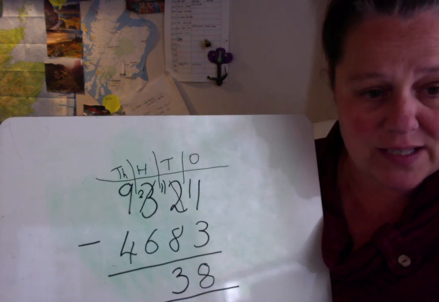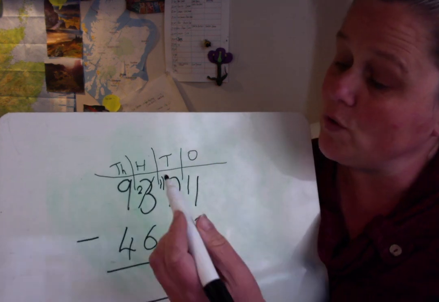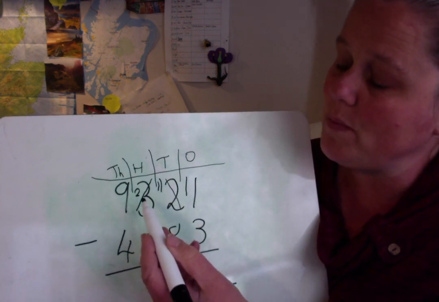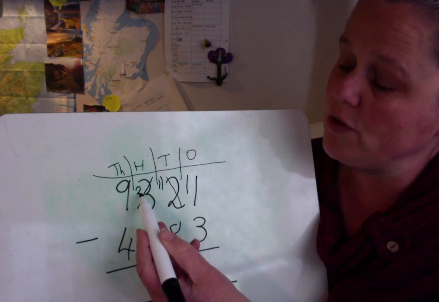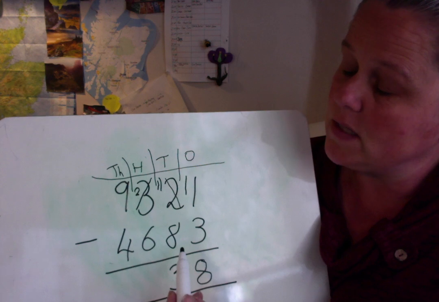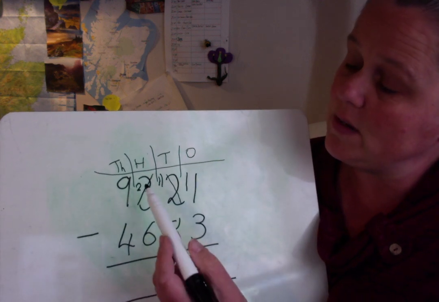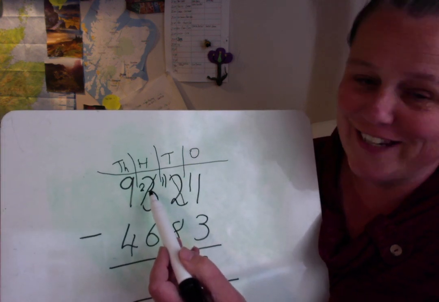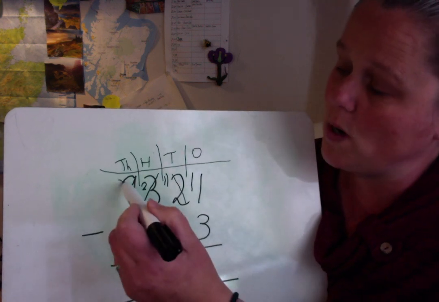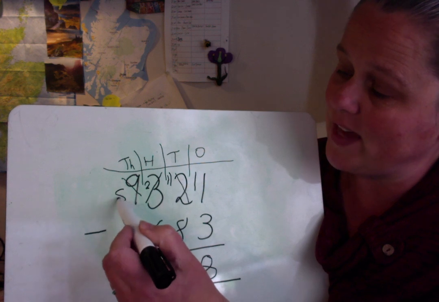Now I've done the second part, so I need to move on to my hundreds column. And once more I have a problem. I have 2 hundreds and I'm meant to take away 6 hundreds. I know I can't do it, so I'm going to exchange again. I'm going to take one of the 9 thousands, which will mean I have 8 thousands.